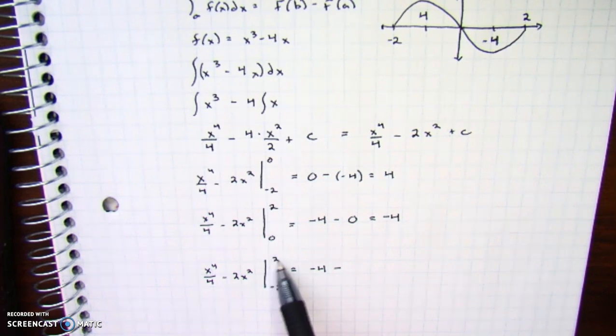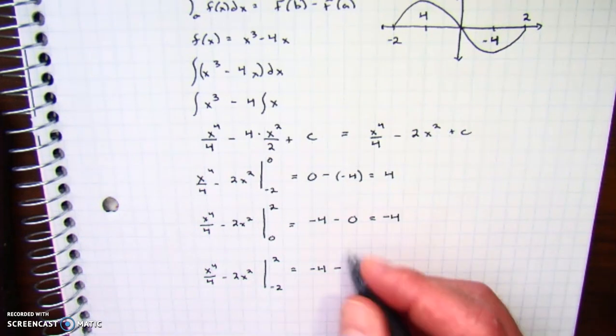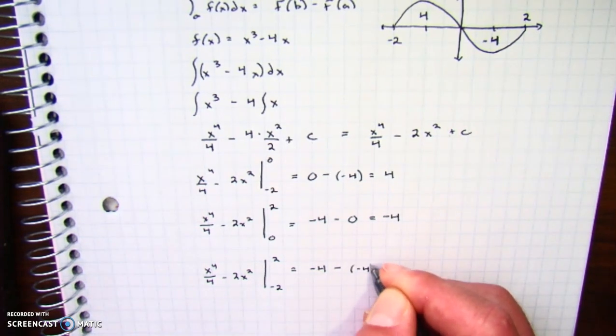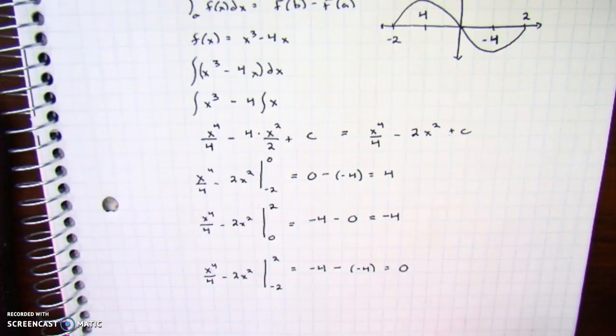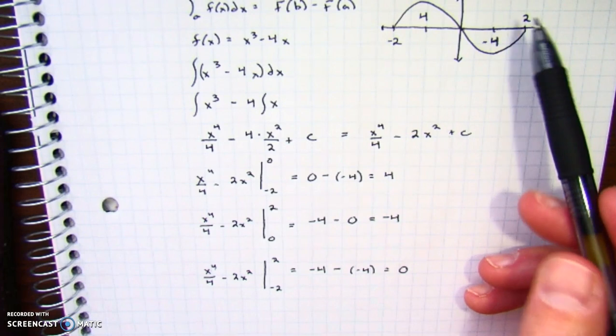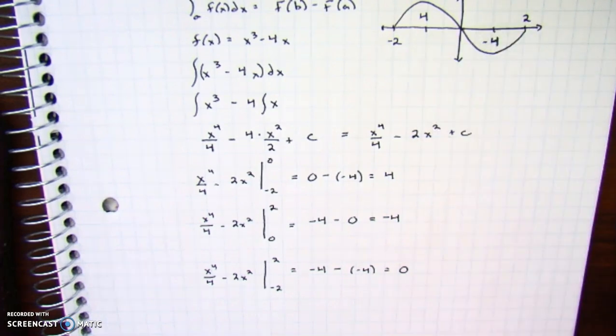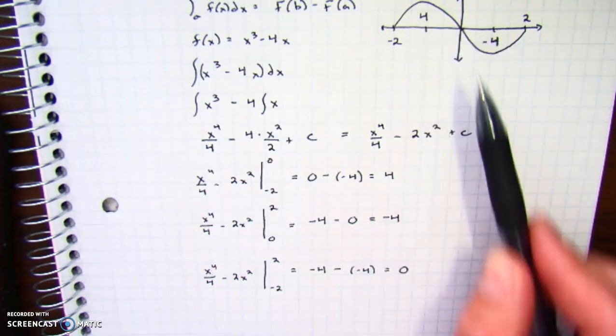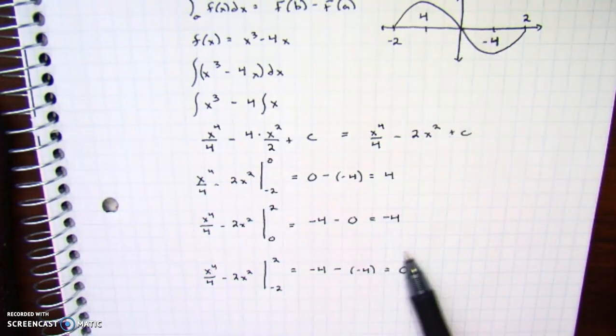So figure out the first, and then subtract this one. So this is going to be -4 minus -4. So that's going to get me to 0. So from -2 to 2, you can see that the math works out. 4 minus 4, and that's going to get me that 0. And this works that way because it's symmetrical. It's not for every single function.